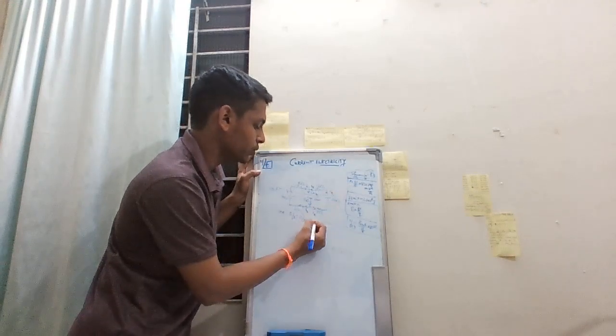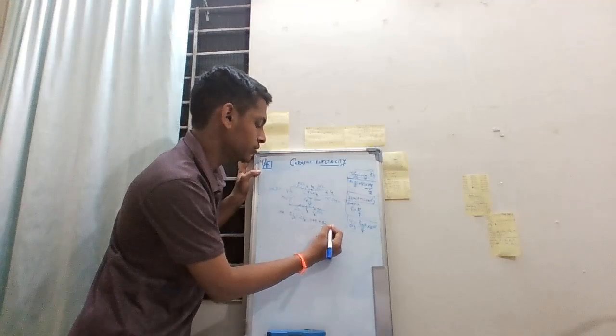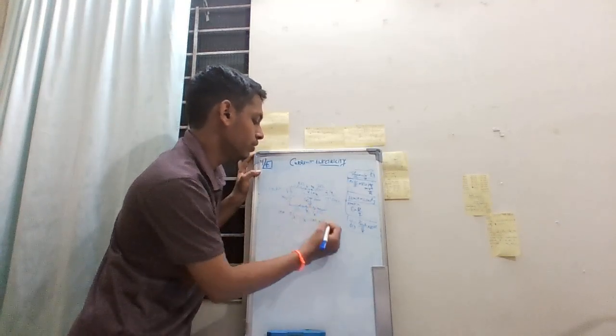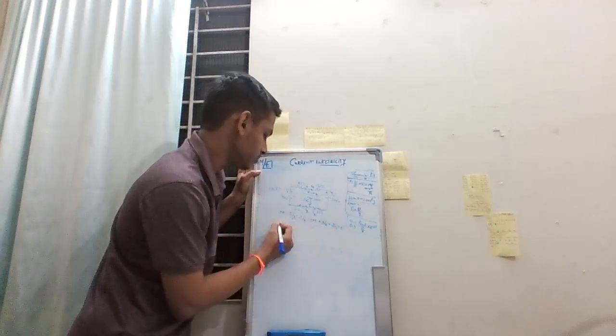Then we have minus 200 plus 3I2. Then we have minus 2I1 equal to 0.